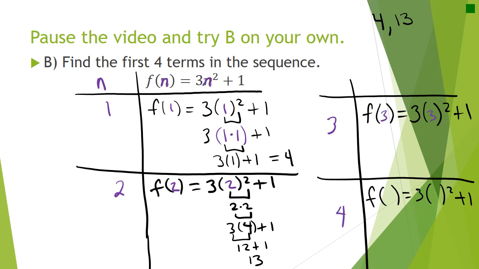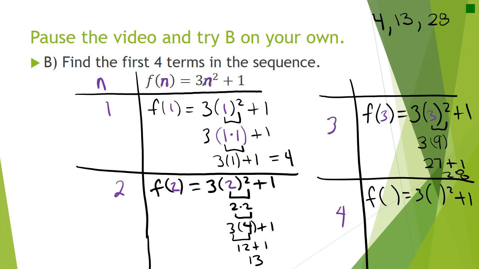So go ahead and plug in those 3's. I know that 3 squared means 3 times 3, which is 9. And 3 times 9 is 27. Plus 1 is 28. And I'm left with my third term, or my third number in the pattern, is going to be 28.